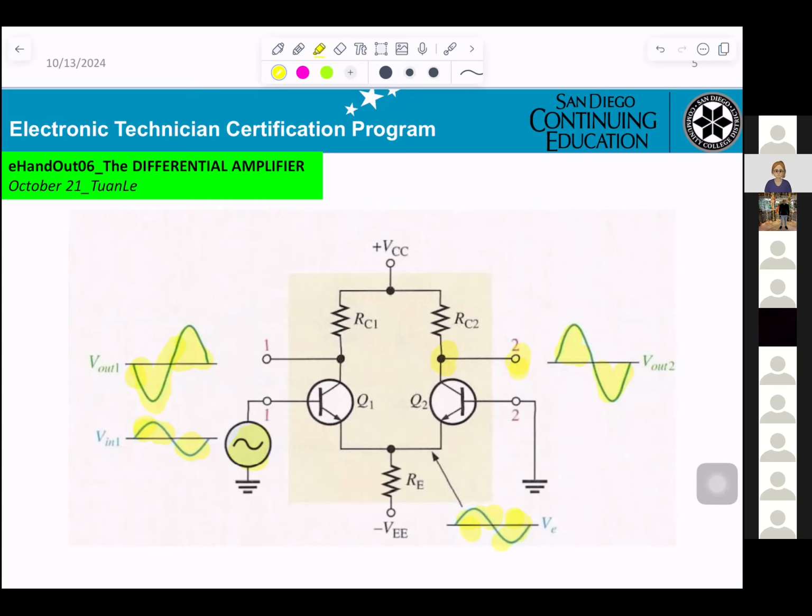The thing is, after this differential amplifier, we can go on to the inverting amplifier, non-inverting amplifier, summing amplifier, and something else. Try to finish that. And then you go to the JFET, field effect transistor.